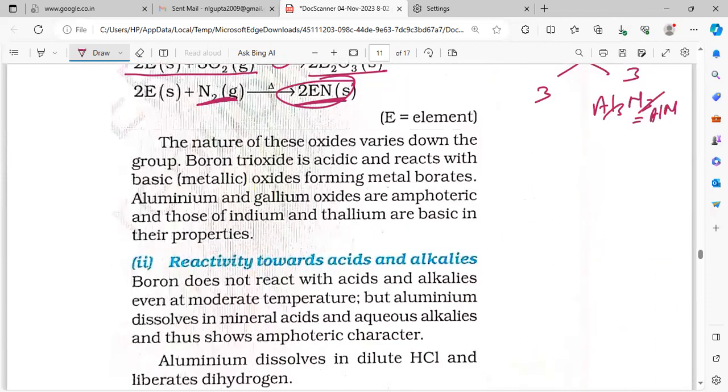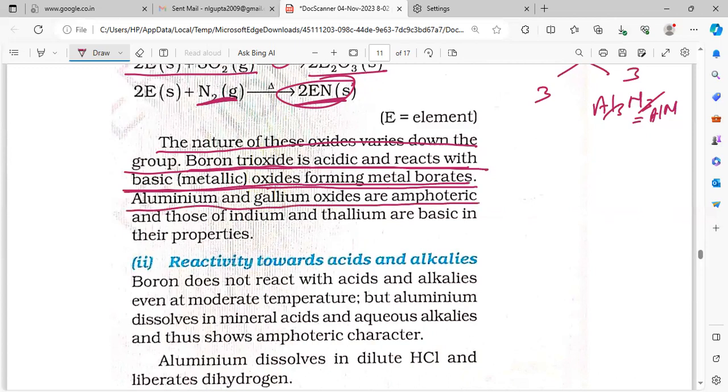Now, the nature of these oxides varies down the group. Boron trioxide is acidic and reacts with basic metallic oxides forming the metal borates. Aluminum and gallium oxides are amphoteric.